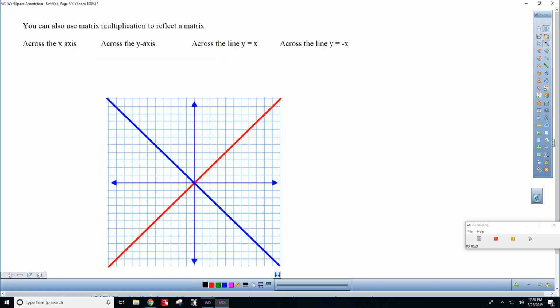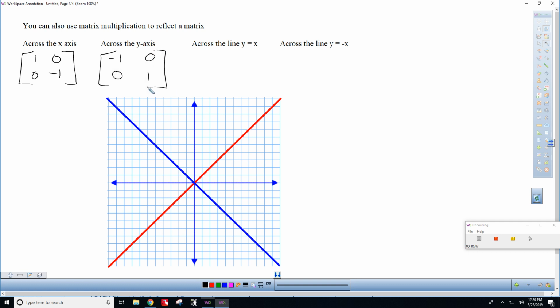Okay? You can also use matrix multiplication to reflect a matrix. And we're not even going to do an example here. I'm just going to give you guys these reflections. If you want to reflect it across the x-axis, 1, 0, 0, -1. If you want to reflect it across the y-axis, -1, 0, 0, 1.